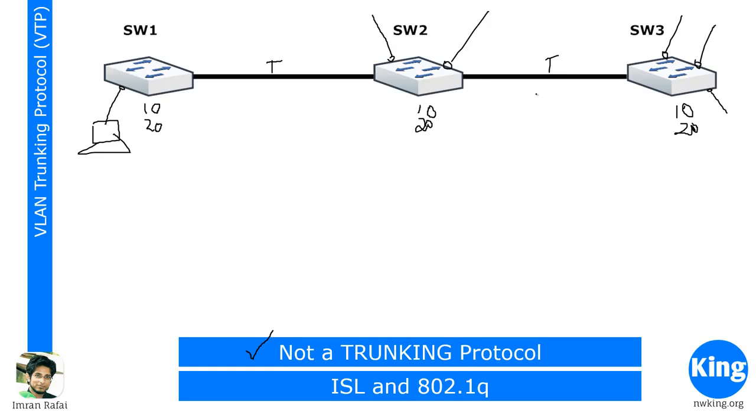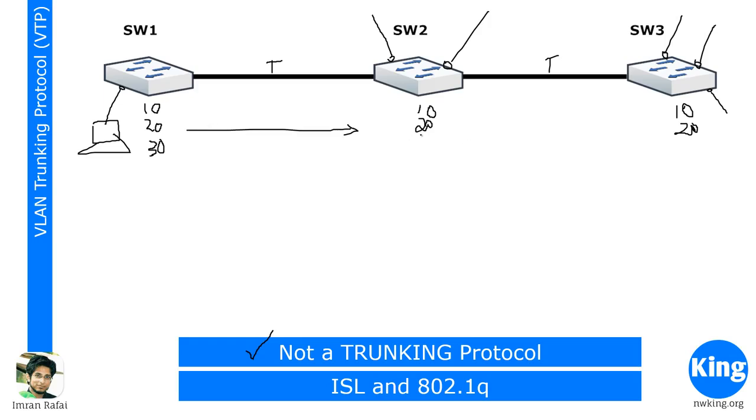Now, as more and more computers, devices and switches come into your network, it becomes a very tedious process to manually create your VLANs on each of those devices. So Cisco said, we're going to give you an automatic way of doing it, which they call the VLAN Trunking Protocol. When you create a new VLAN, let's say VLAN 30, this gets automatically replicated.